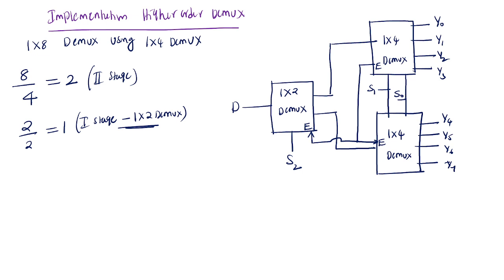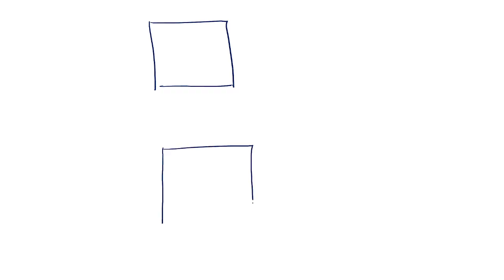Okay, sir. One more implementation is how to implement it by inverter. So that means in the second stage you are using two 1x4 demux.